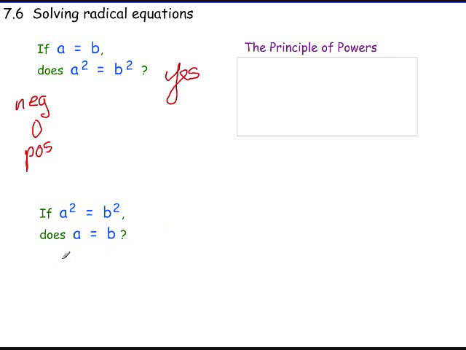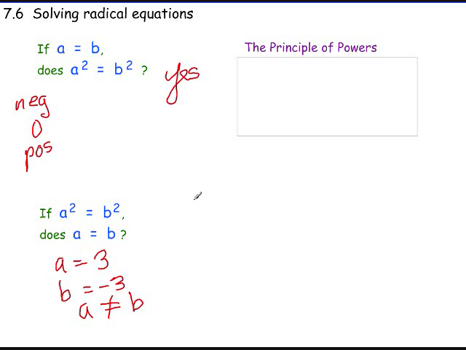Well, if A were equal to 3 and B were equal to -3, then we know that A does not equal B. Yet look what happens when I square it.